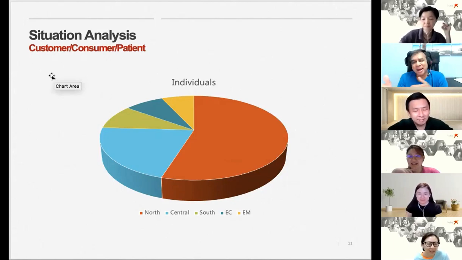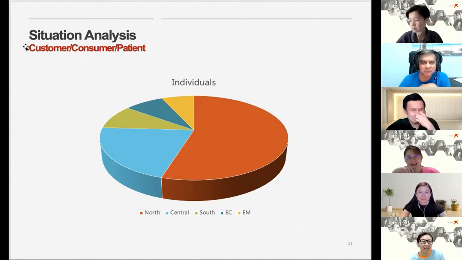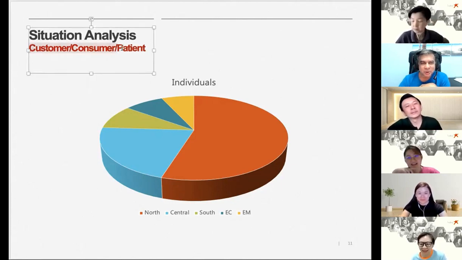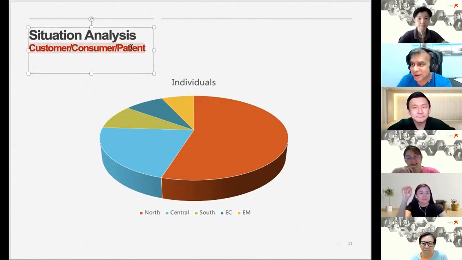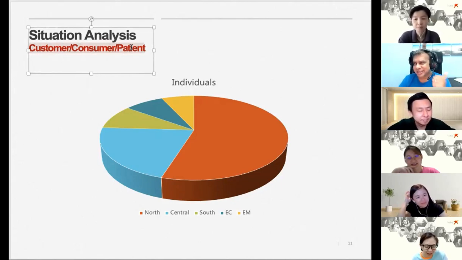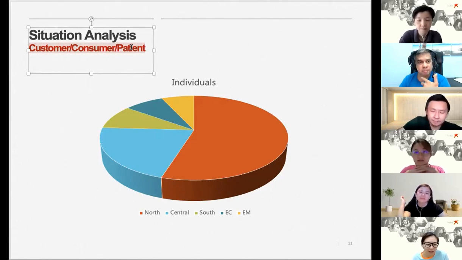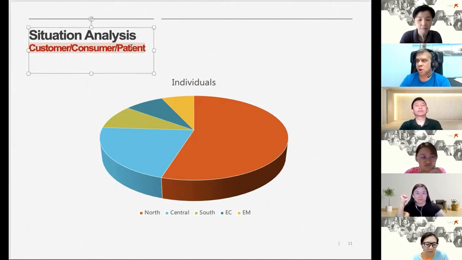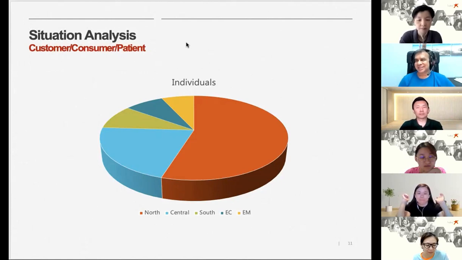Anyway, I'm just trying to be funny here. So obviously, Fiona and Siu Wei, you will have to make sure you label this correctly. Is it patients, or is it hospitals, or is it pharmacies, or what else? Clinics, okay, psychiatric clinics, and so on. Whatever it is. All right. I'm just trying to have some fun there.